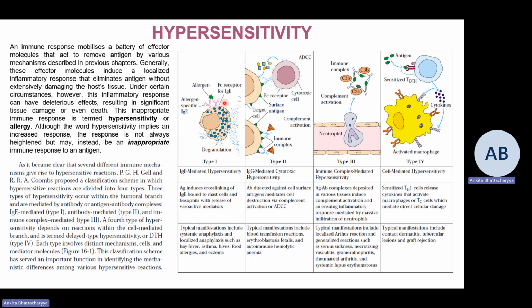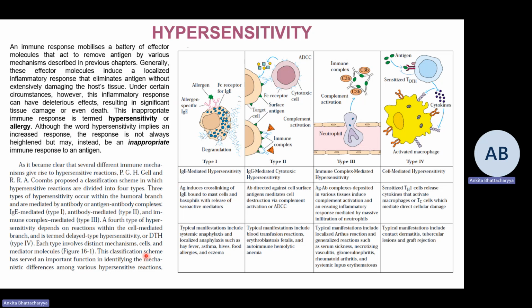So that's what you see here as well, the allergen binding and allowing cross-linking of antibodies, or particularly IgE antibodies present on the surface of mast cells and basophils. What that is doing is leading to degranulation and release of vasoactive mediators. Vasoactive mediators means those molecules which are able to execute some action upon the vasculature of the individual.